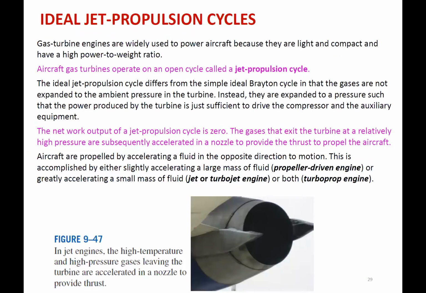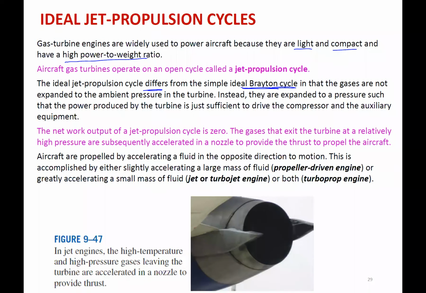All right, the ideal jet propulsion cycle. It's used because it's light, compact, and has high power to weight ratios. It's similar to but differs from the Brayton cycle because its goal is different.